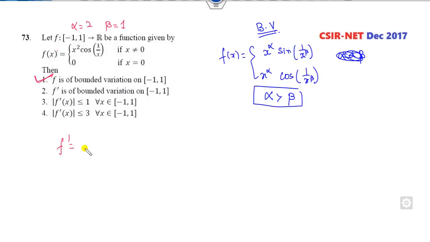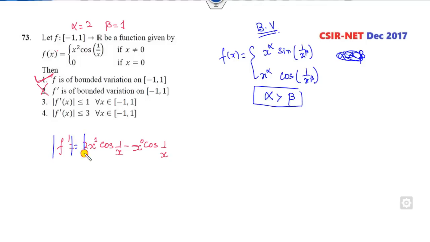You can take the derivative. Firstly, you can check that 2x cos 1 by x, and minus x square will be cancelled out. Now it is 1, but it is strictly greater than, so it is not a bounded variation. Also I can write this as x raised to power 0, 0 is less than 1, so it is not a bounded variation. Now you can check the modulus of this.